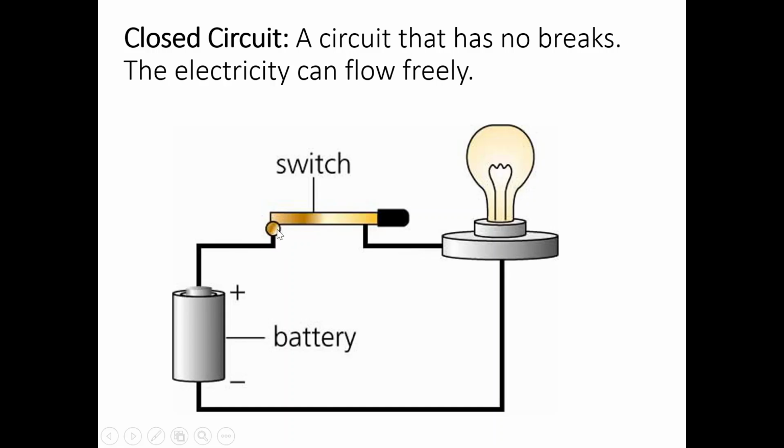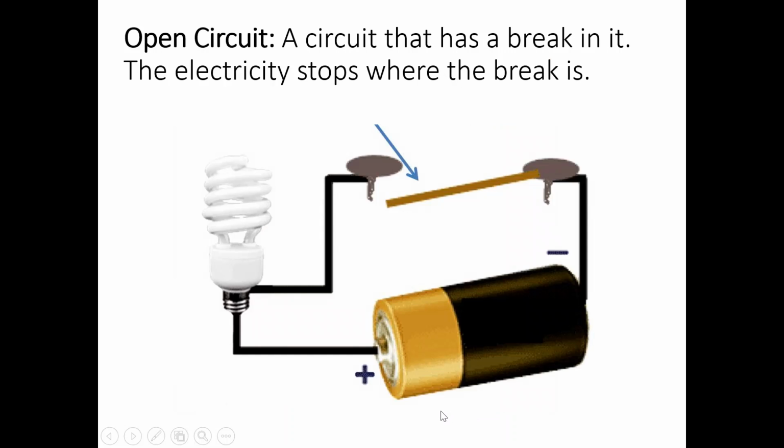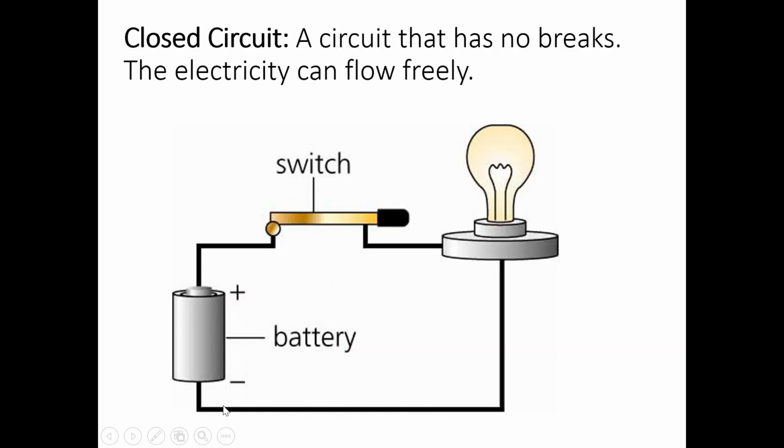So the electricity goes out, flows through the wires, flows through the switch too because it's touching there, goes into the light bulb, goes up, follows this path, comes out, goes back, and then the negative charges go through, the electricity goes back through this negative end of the battery. And then it goes again. Ooh. And it keeps that light going, right?